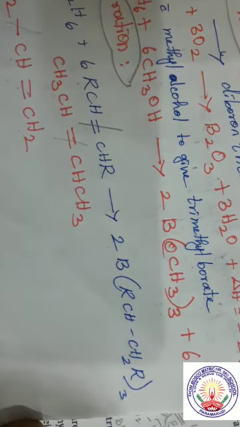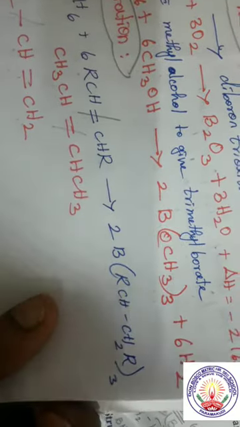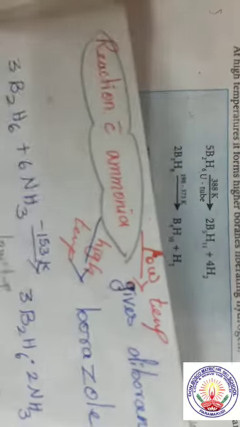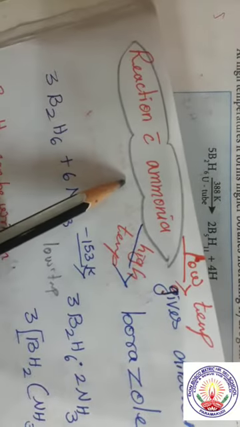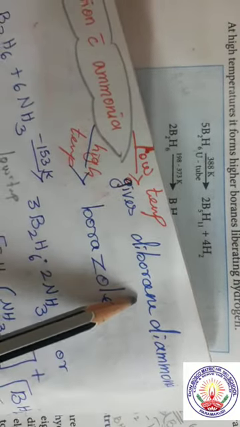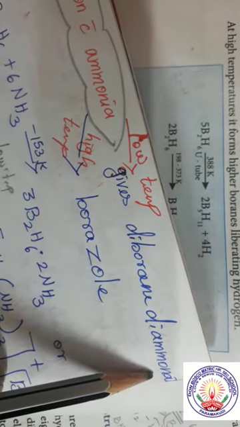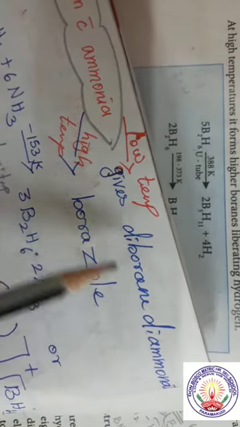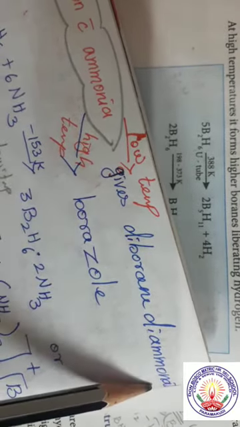Next we shall see action with ammonia. In action with ammonia, at low temperature, it gives diborane diammoniate.